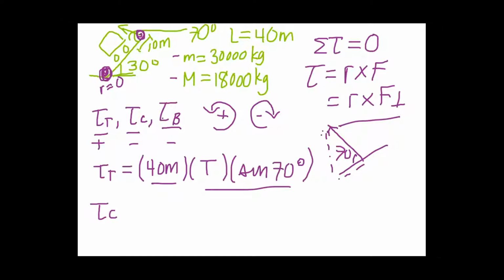Now looking at the torque of the car, I have said that this will be negative, so I'm going to assign a negative sign. I know that the force will be equal to mg, as I know that that is the force pulling it downwards. But let's look at the distance first. So I have said that the car is parked 10 meters from the top, so I'm looking at the distance from my initial point to the 10 meters below the top. So that will give me 30 meters.